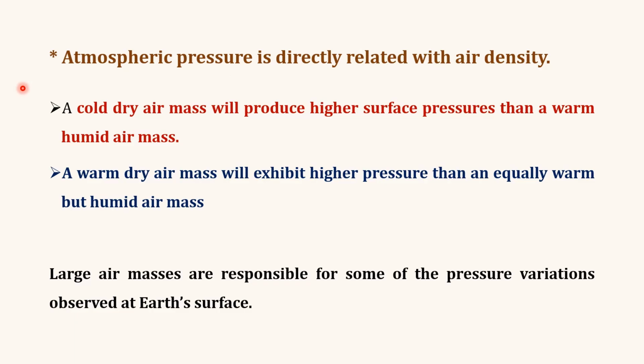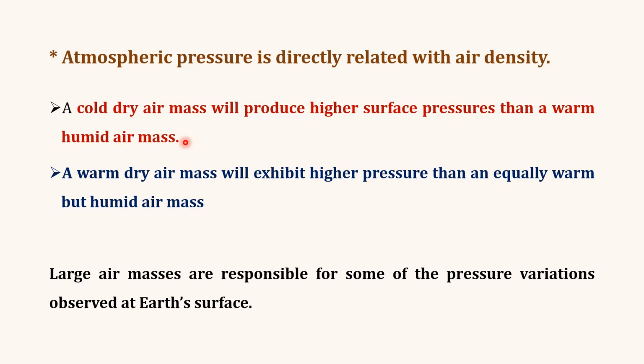So, both temperature and humidity influence the atmospheric pressure by affecting the density of the atmosphere. On the basis of this concept, we can say a cold, dry air mass will produce higher surface pressure in comparison to a warm, humid air mass, because both these factors decrease the air density and thus the barometric pressure will decrease.